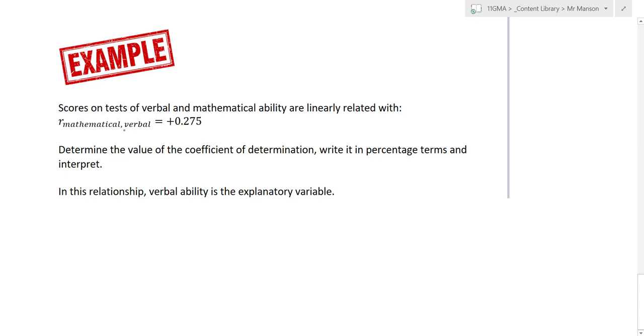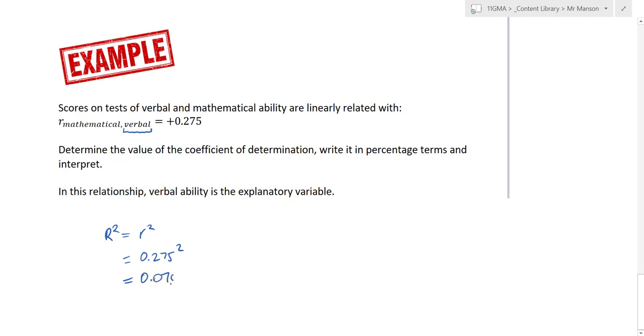And my R squared value is 0.275 squared, and that is 0.0756, which is a fairly low R squared value. And the claim here is that 7.5% of your mathematical ability can be explained by your verbal ability.